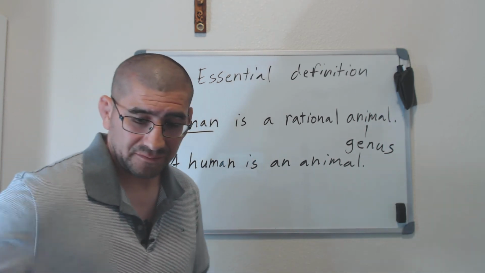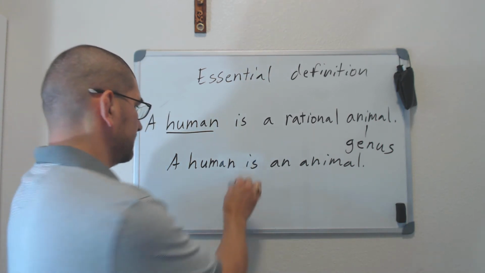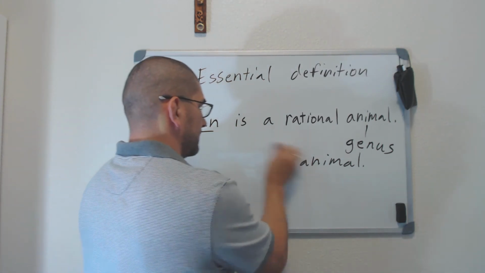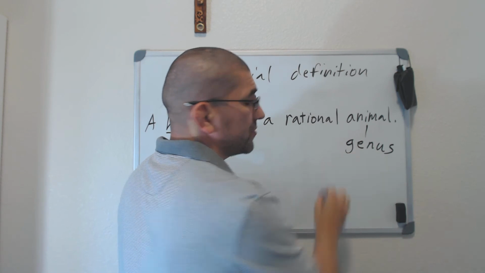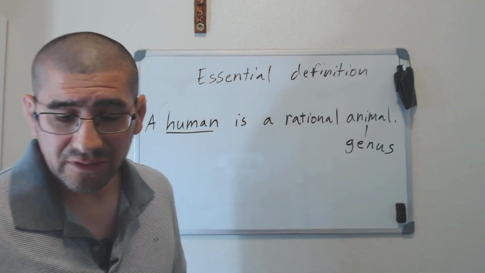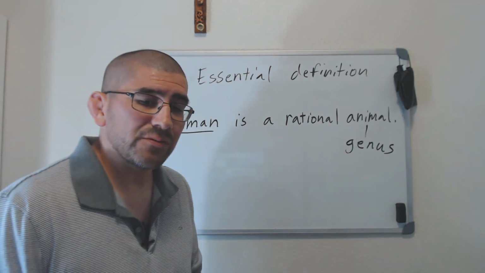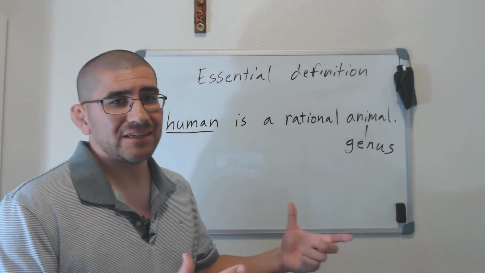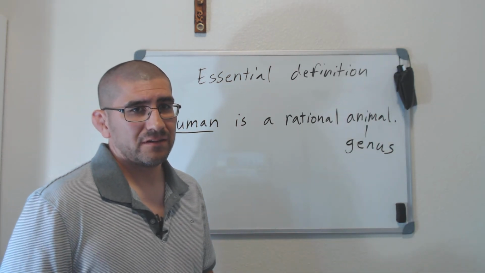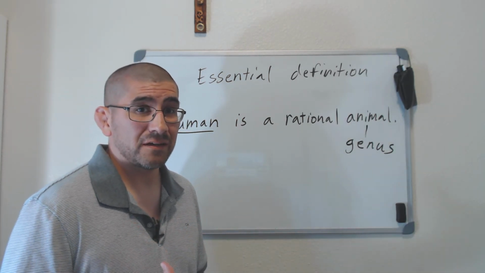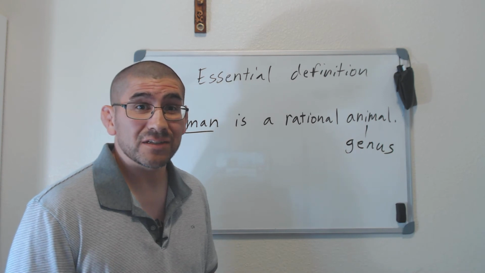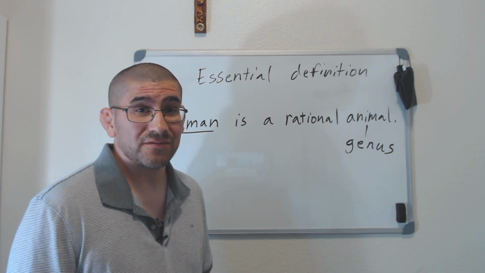Although that is a true statement, a human is an animal, the problem is if we were going to say that is the essential definition, we're not being specific enough because we need the specific difference. That's what the specific difference does.